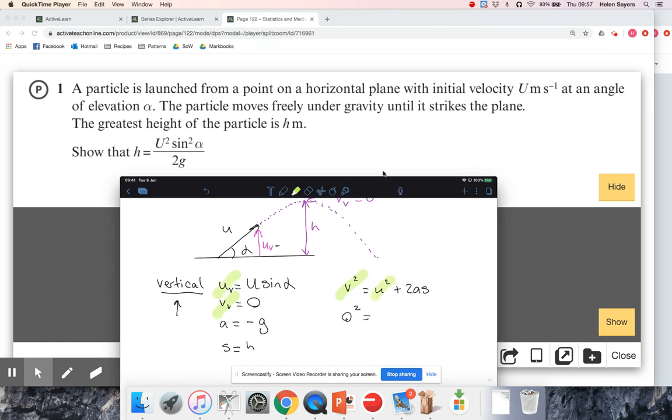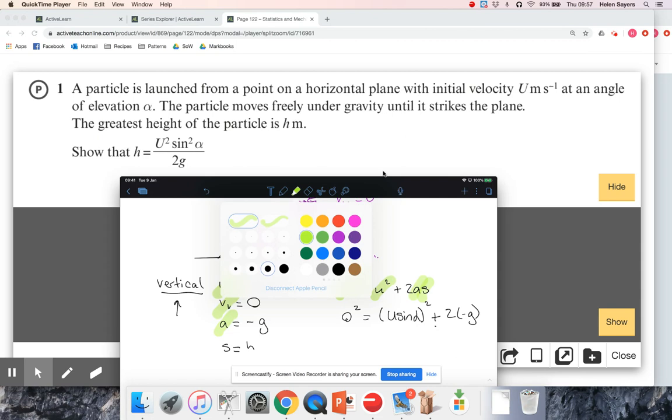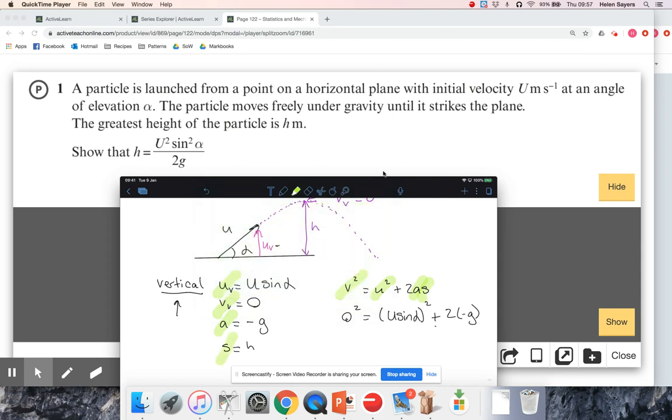The initial velocity squared, I'm going to be really careful and have some brackets there. So the initial vertical velocity is u sine alpha, plus 2 times a, and a is minus g, so that's 2 times minus g, and then times s, and s is h.